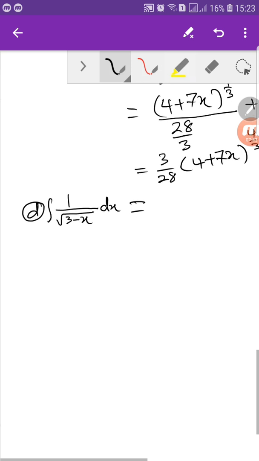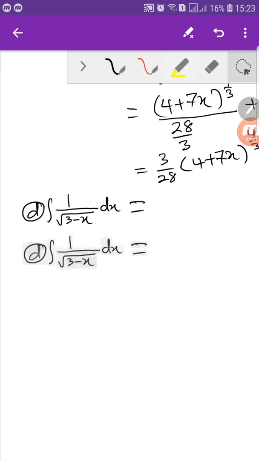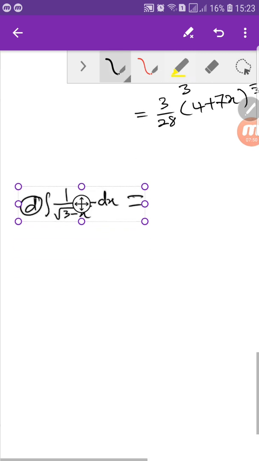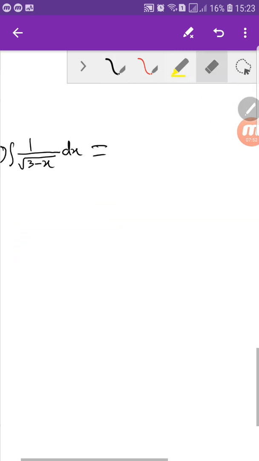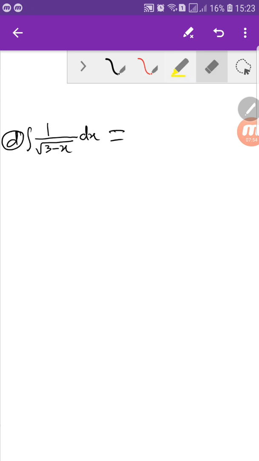Perfect. Now let's move on to the last example, I suppose. Bring it a little bit further down, easier for us to differentiate it. This one is more or less like example B just now. First things first, we change it to x to the power of half, dx.